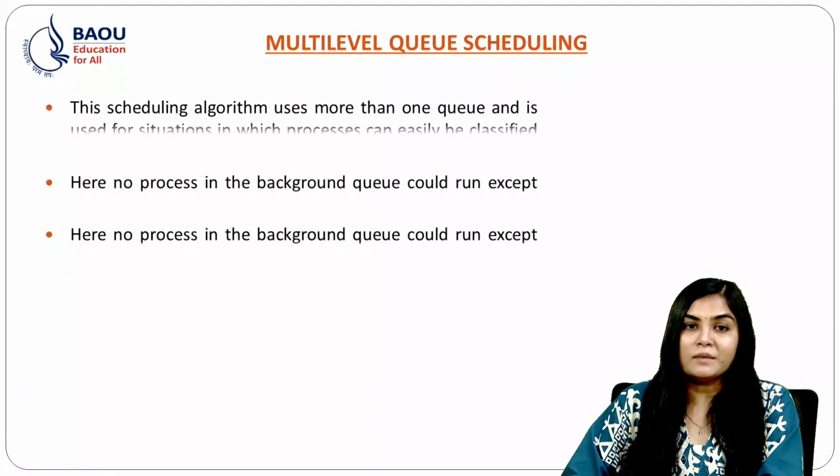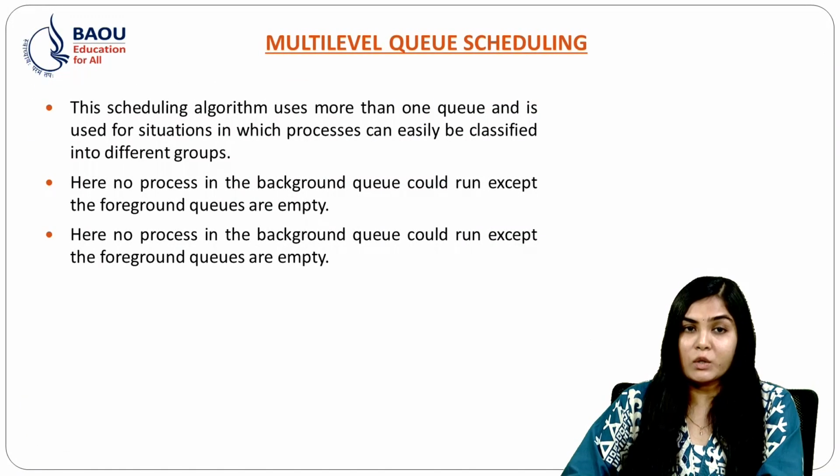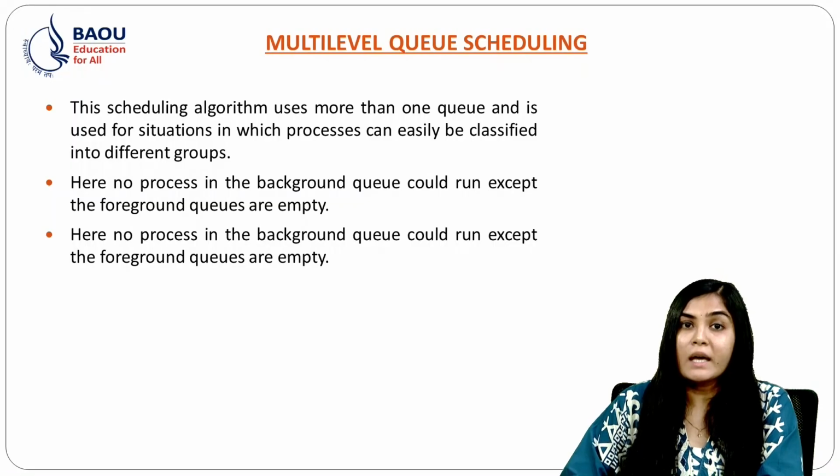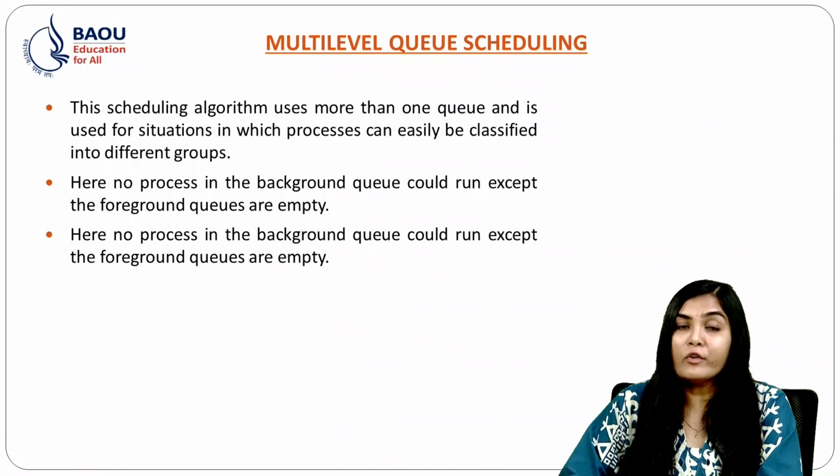So let's start. This scheduling algorithm uses more than one queue and is used for situations in which processes can easily be classified into different groups. Here, no processes in the background queue could run except the foreground queues are empty.